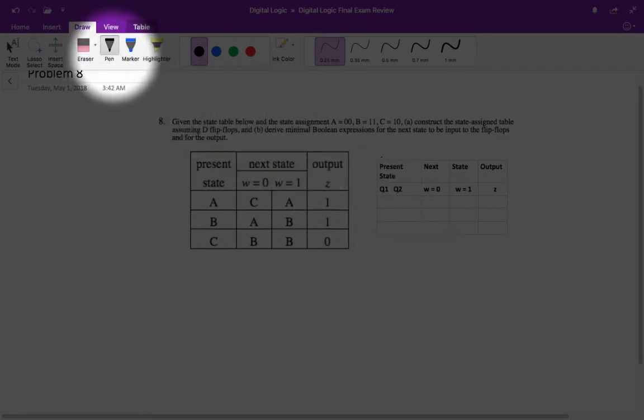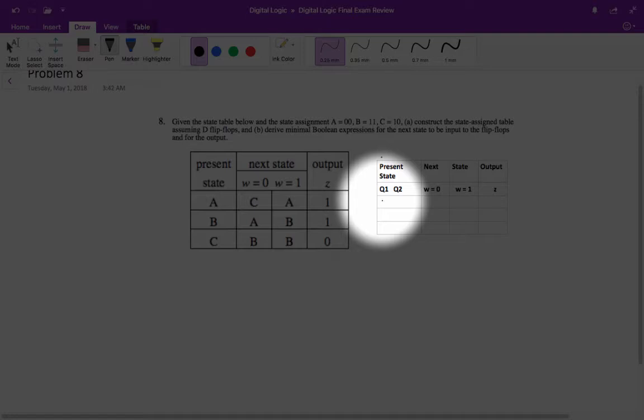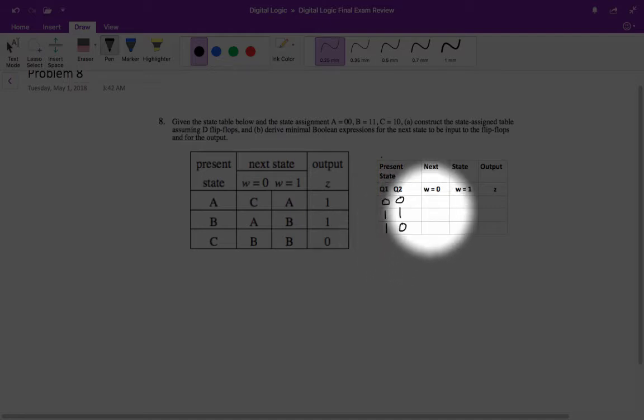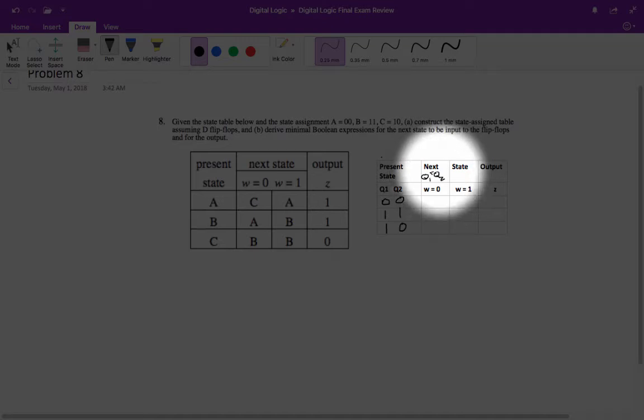So A is 0 0, so Q1 is 0, Q2 is 0. B is 1 1, Q1 is 1, Q2 is 1. And C is 1 0. Now in these we're going to put the next state, and the next state depends on the input. So this would be Q1 star, Q2 star, and also Q1 star, Q2 star.